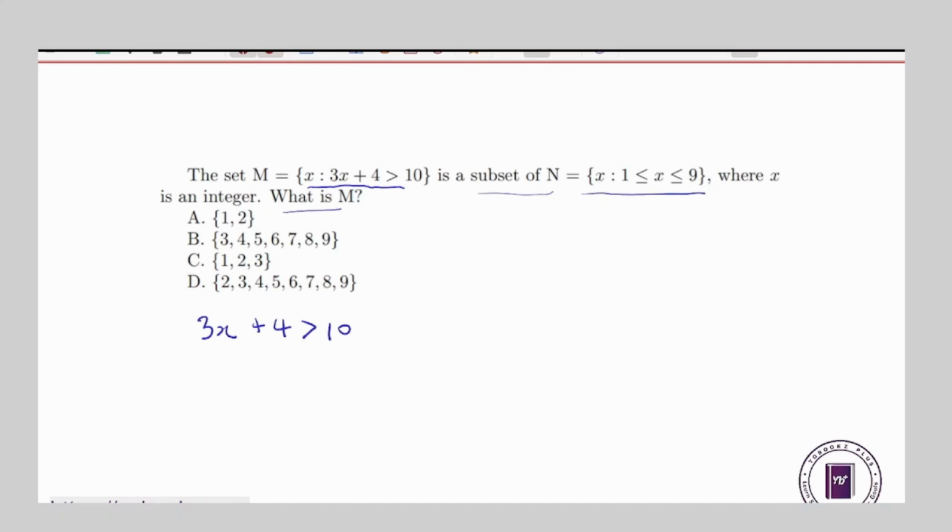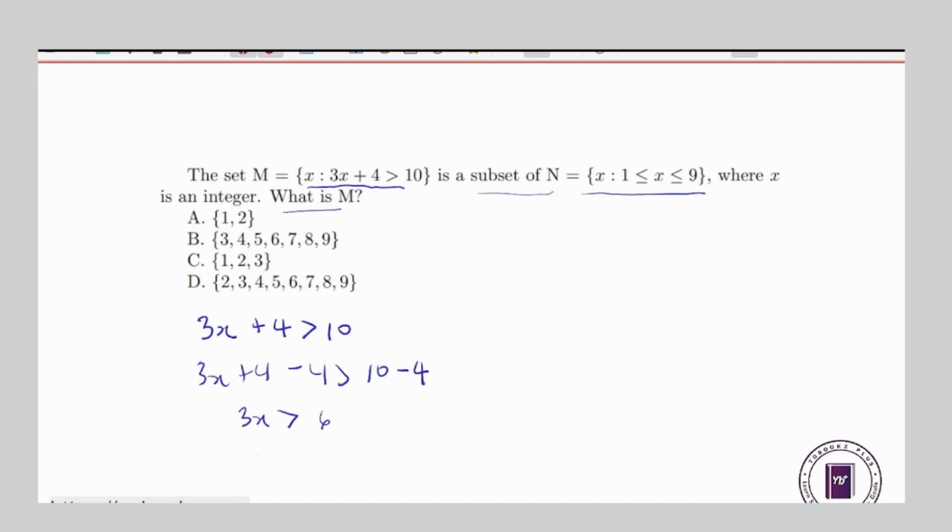To keep the balance of the inequality, what we do on the left, we do the same on the right. So we subtract 4 from both sides. That gives us 3x + 4 - 4 > 10 - 4. So 4 - 4 gives us 0. So this is 3x > 10 - 4, which is 6.